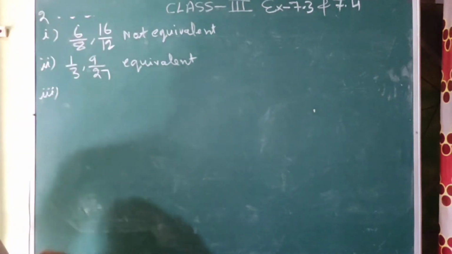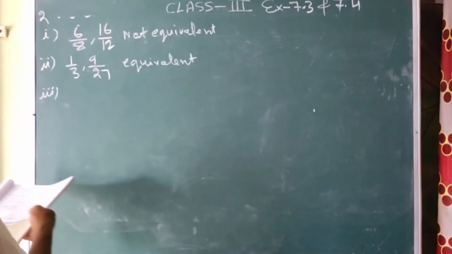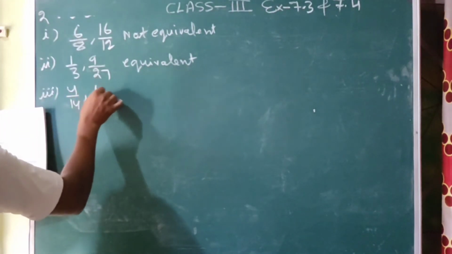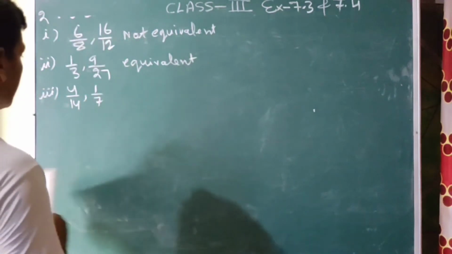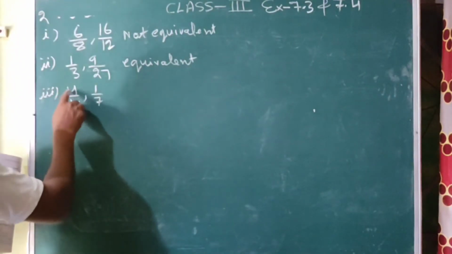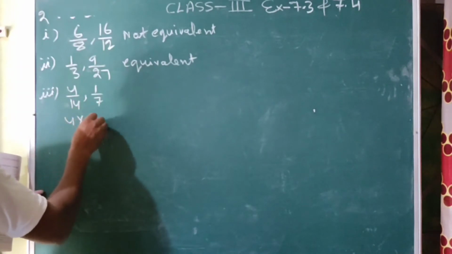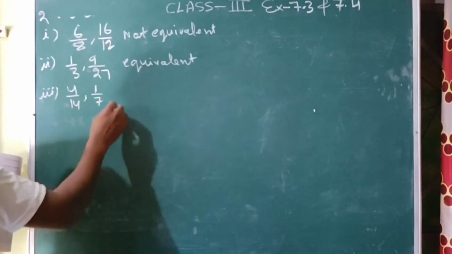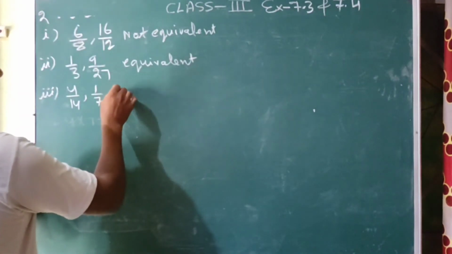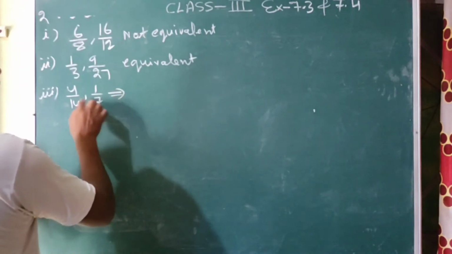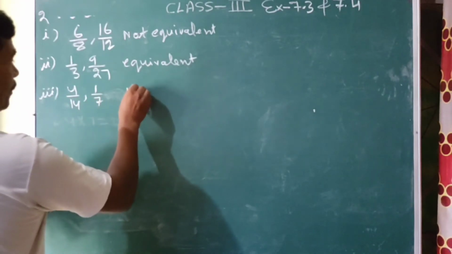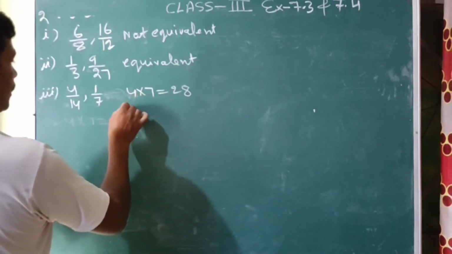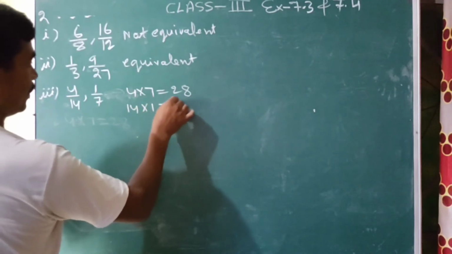Or we can see another method also. In the third part, you will see 4 upon 14 and 1 upon 7. First of all we will multiply these things. 4 7 ja 28, and then 14 1 ja 14.